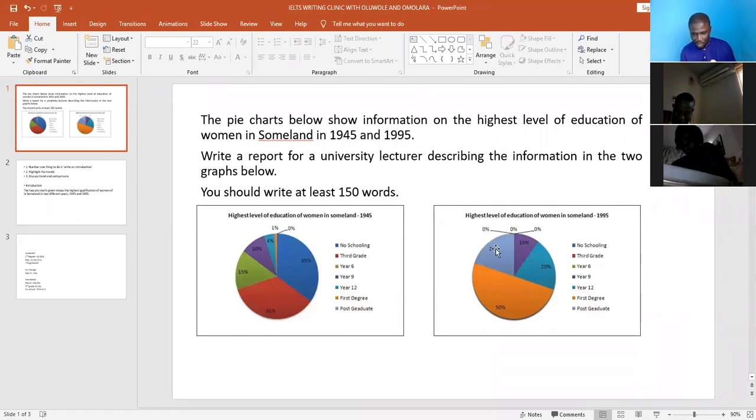Which one is the deep blue? This is the light blue here. This is the deep blue. Where is postgraduate? Light blue. Postgraduate, light blue. Yeah, 4% to 20%.